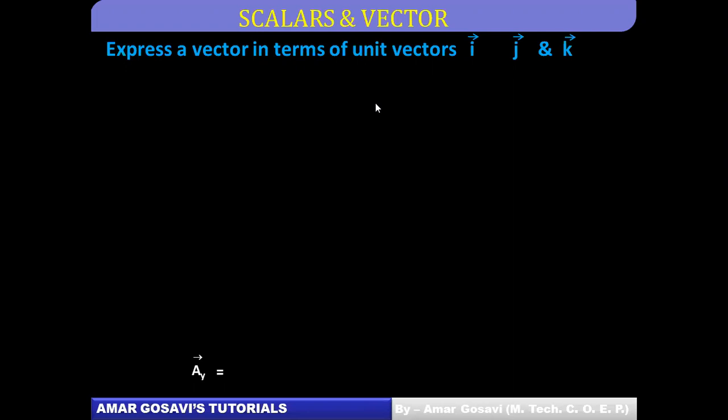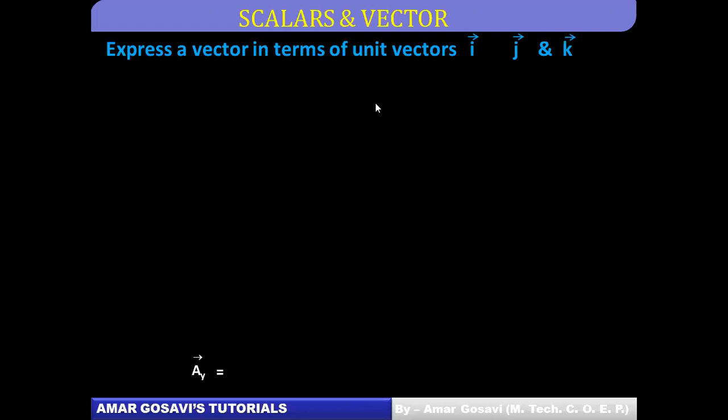Okay, so when I'm talking about vectors, you want to correlate it to some physical quantities. You can correlate it to force because force is a vector quantity, velocity is a vector quantity, acceleration is a vector quantity, displacement is a vector quantity.